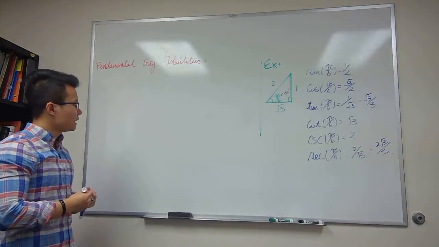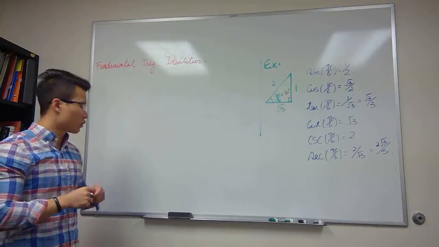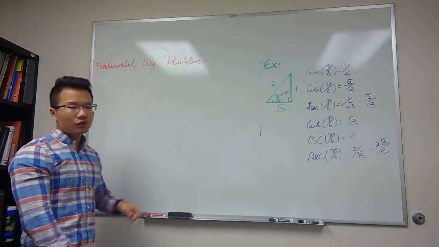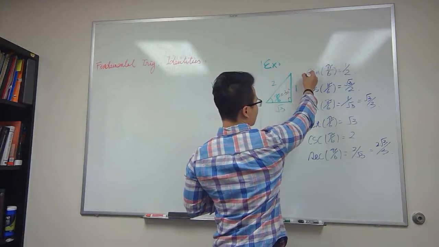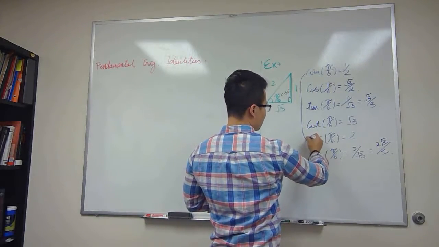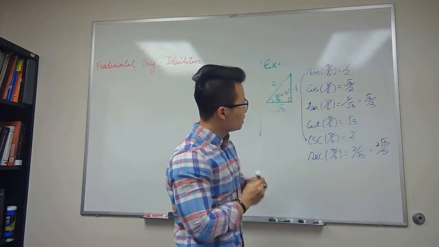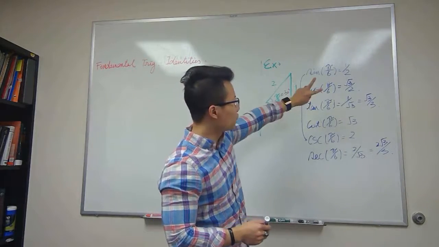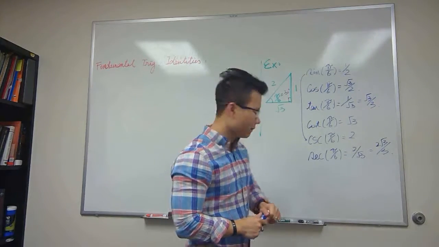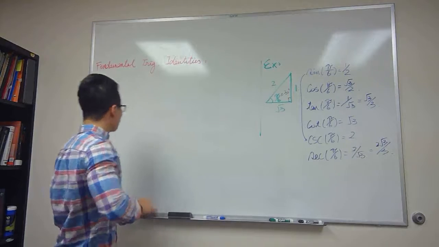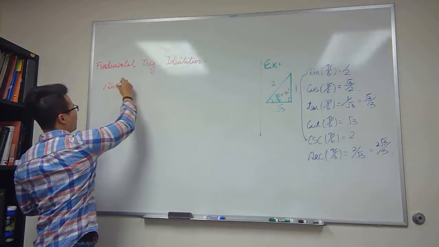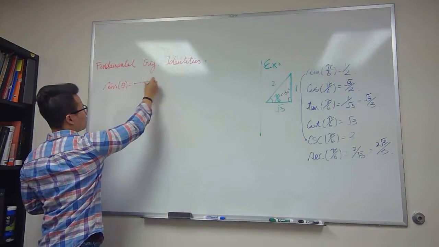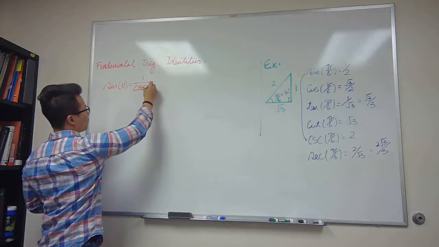Those trig identities are actually going to be very interesting, because if you take a look at our examples right here, if you look at the sines compared to cosecant, you can see the numbers they have in here are just reciprocals, right? And that gives us the first trig identity, which is sine of theta is equal to 1 over cosecant of theta.